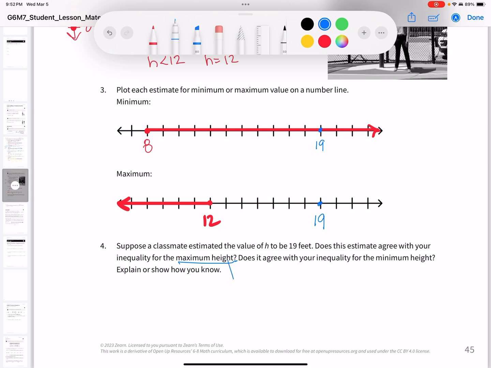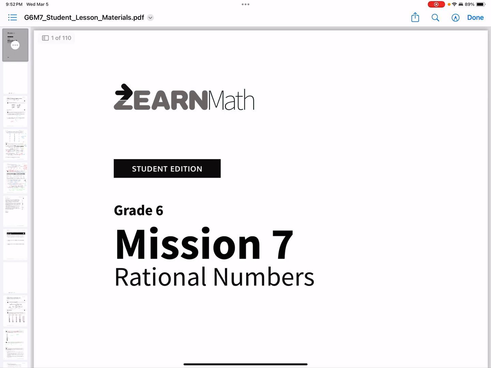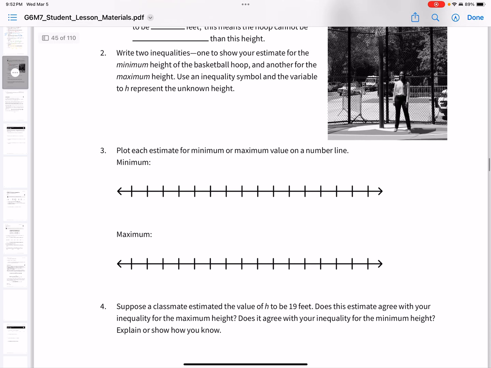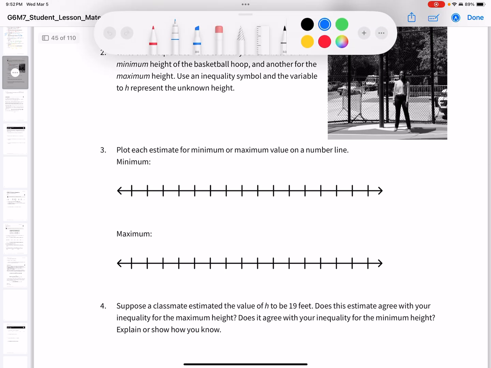No. It's too high, right? Let me redo this just really quick so we have some things to talk about. So here's 8. And here's 12. Right?